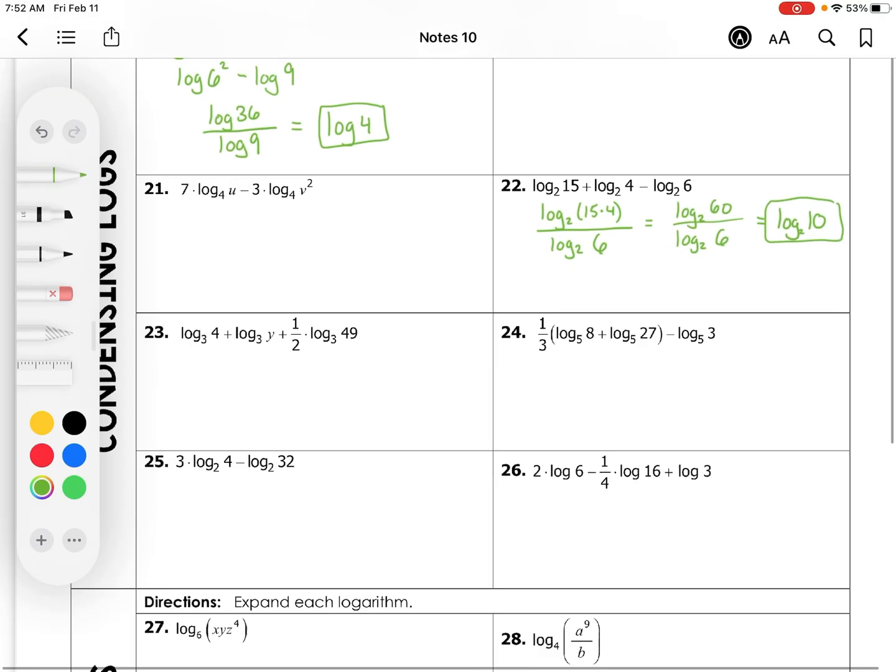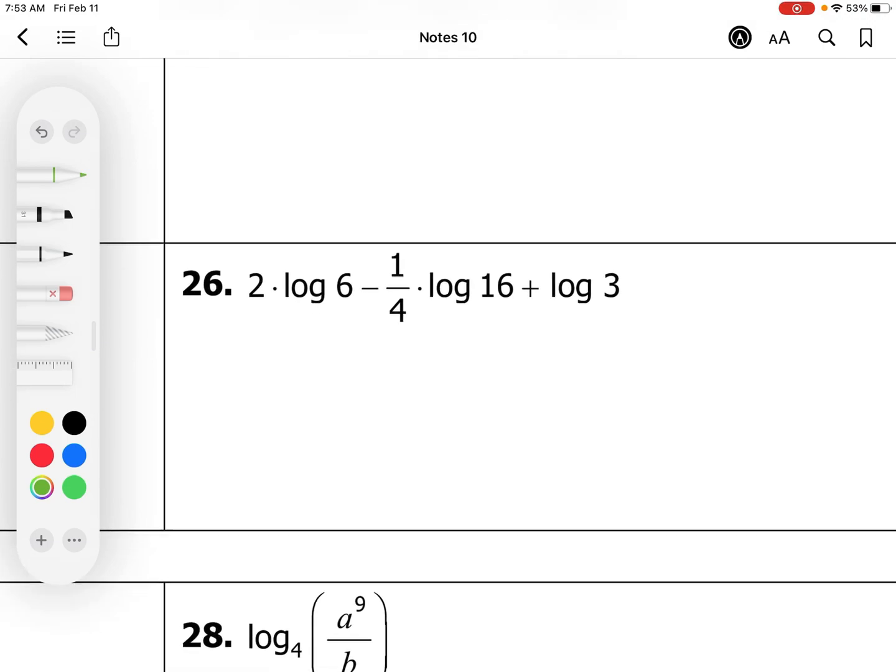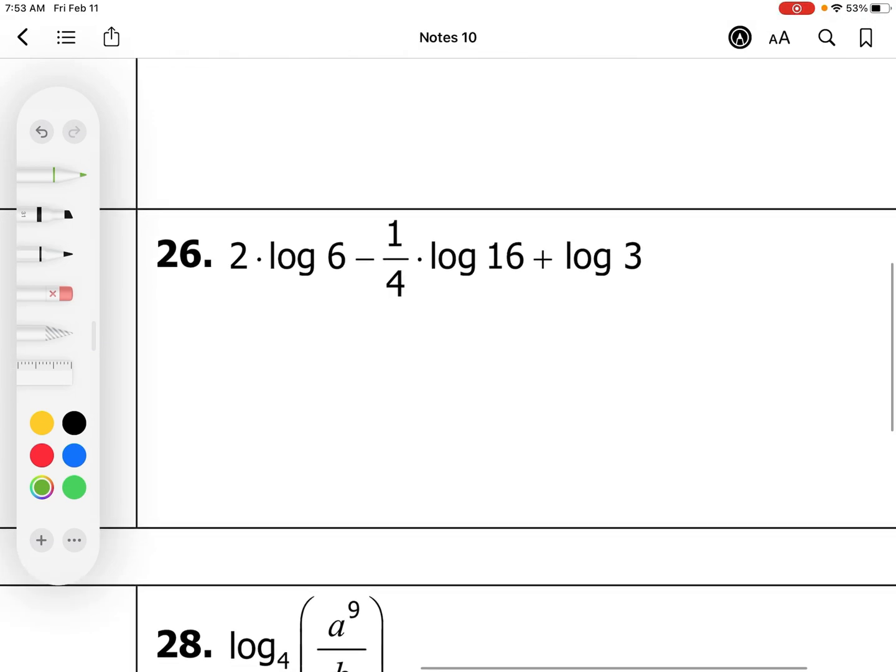Let's do one more on condensing. 24 looks a little tricky. We could do 24. I actually want to talk about maybe 26. So 26, we have a lot of stuff going on. We have this 2 in front, and we're going to move that as the exponent, so we have log 36 here.